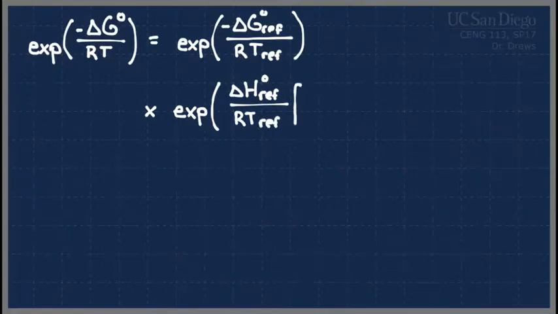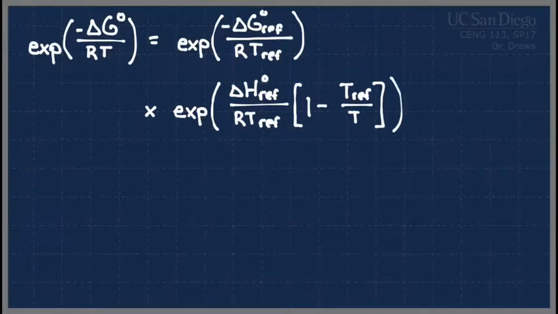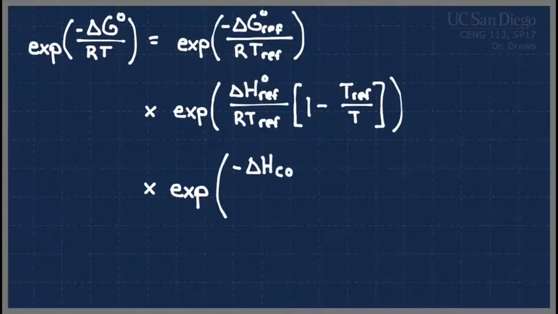Wait, it gets better. Nobody believes me. Everybody's silent. T ref over T times one more, times another exponential of the following, which is minus delta H. I call this CORR.